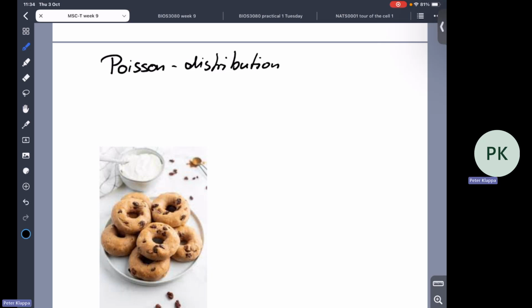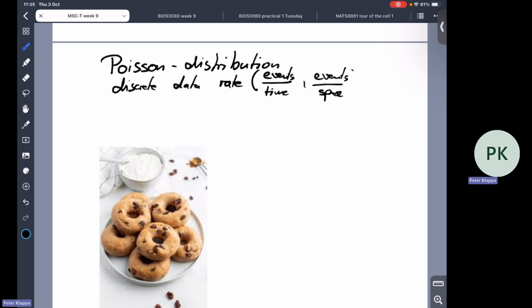A Poisson distribution is for discrete data, and it measures the rate, which is events per time or events in a given space.